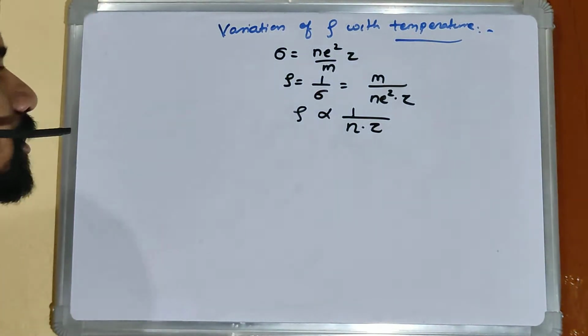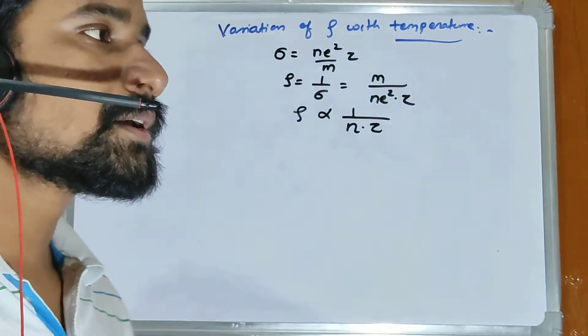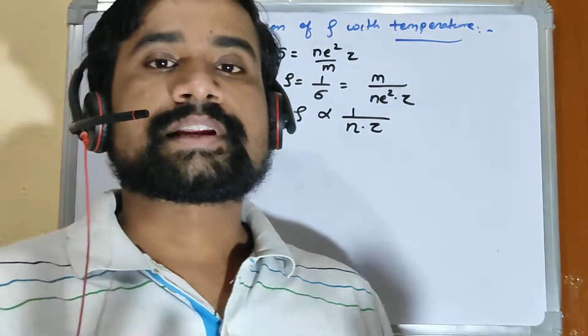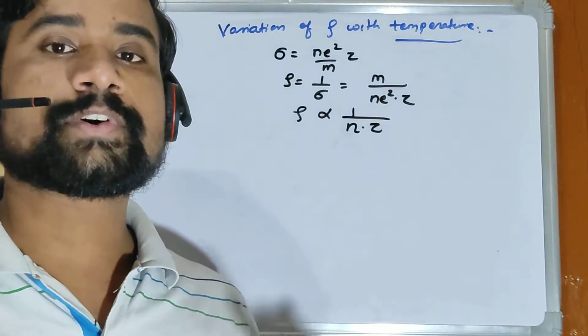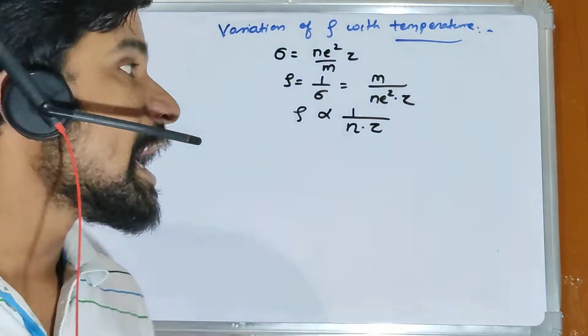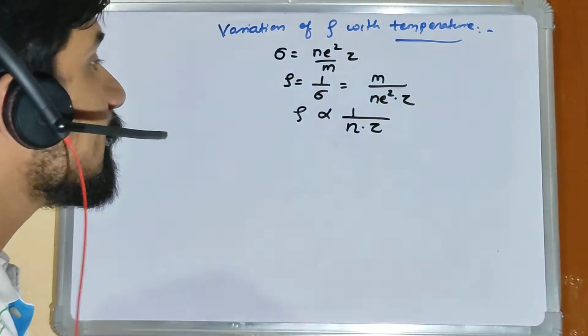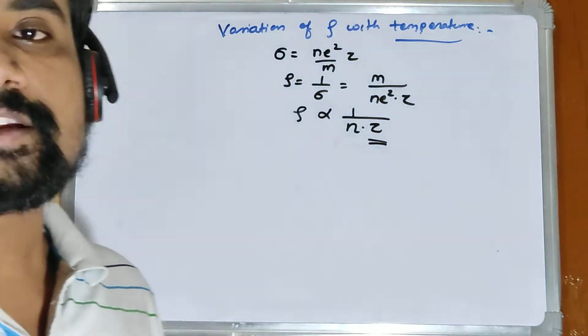For a conductor, as temperature increases, the vibration becomes faster, the number of collisions increases, the time between successive collisions becomes smaller, and tau will be small, and hence rho will increase significantly.